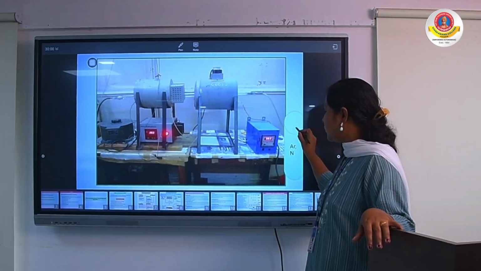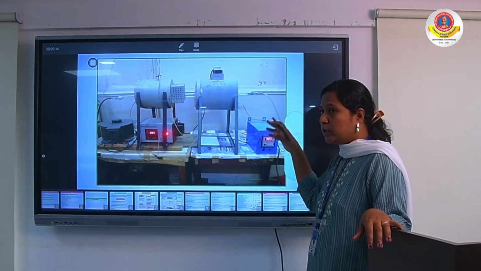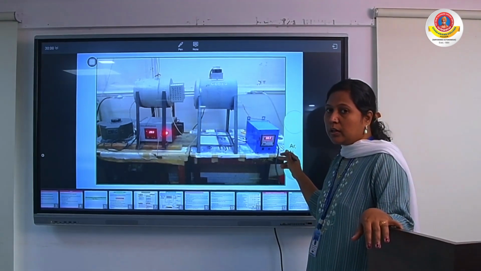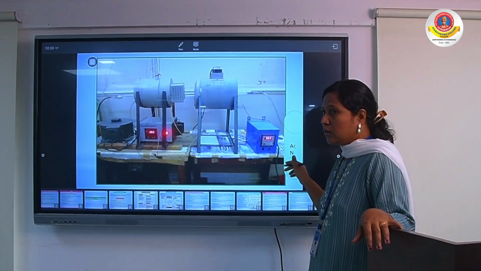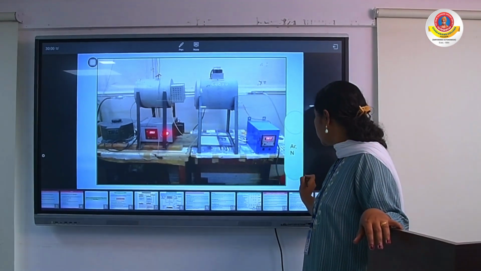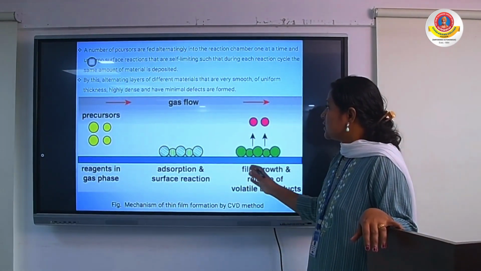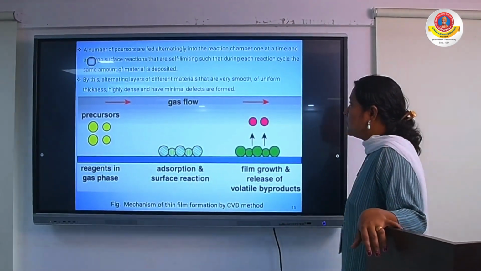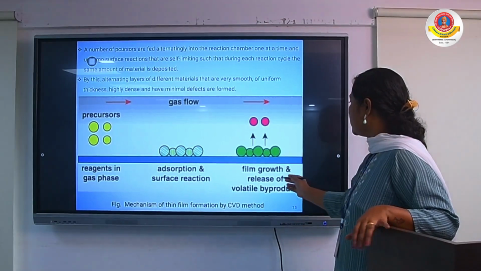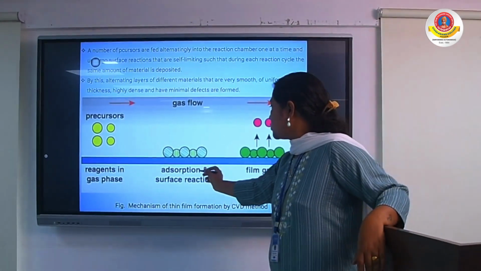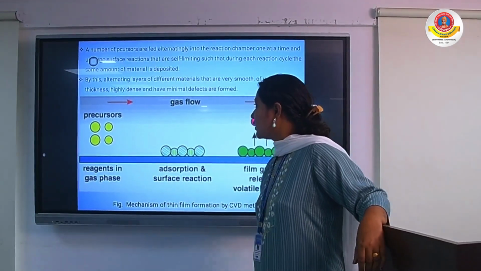Here one cylinder is used because during this chemical vapor deposition method we have to use gases like argon and nitrogen as a catalyst. Okay, they are used as a catalyst. This is the mechanism of the chemical vapor deposition method. Here the film growth and the release of volatile byproducts, and the adsorption of reagents in the gas phase take place.